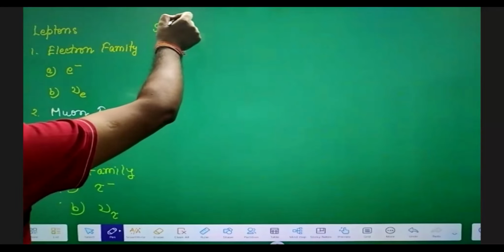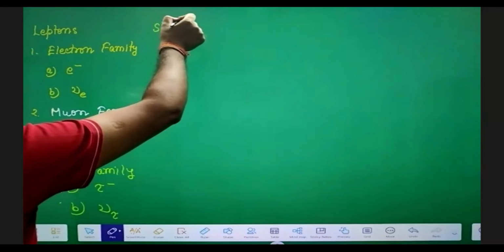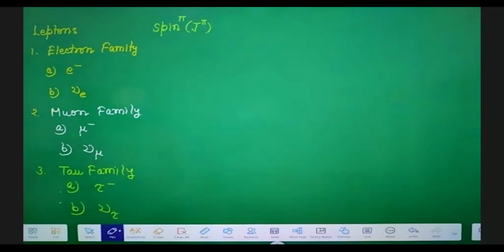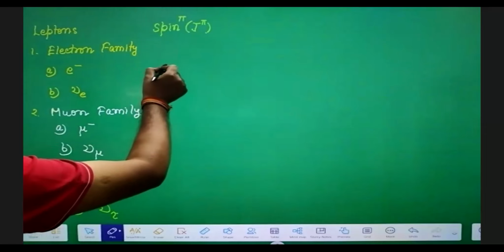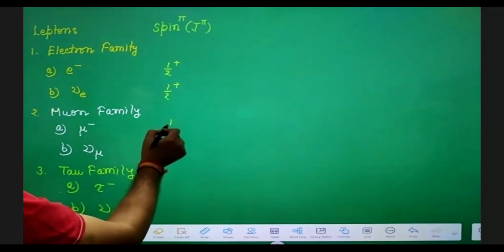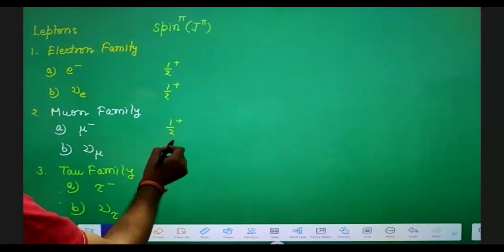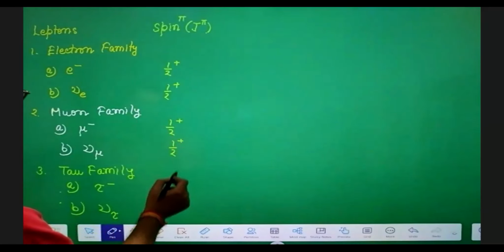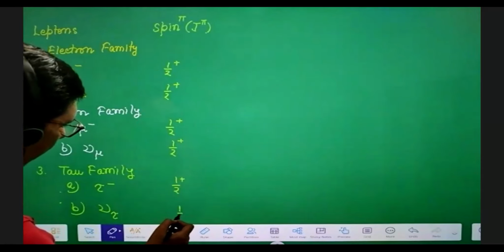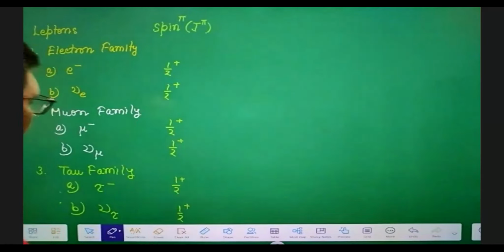In general, we write it as J pi. Now, here this will be half plus, half plus, half plus, half plus, and here it will be half plus. It is like this. Their spin and parity is half plus.